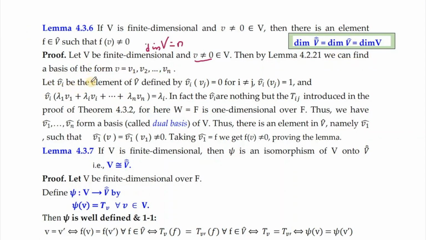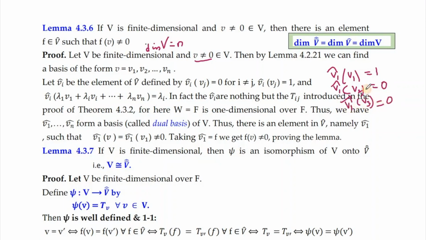Let vi cap be the element of V cap defined by: vi cap of vj is 0 for i not equal to j, and 1 for i equal to j. So v1 cap of v1 will be 1, whereas v1 cap of v2 will be 0, v1 cap of v3 will be 0, and so on.